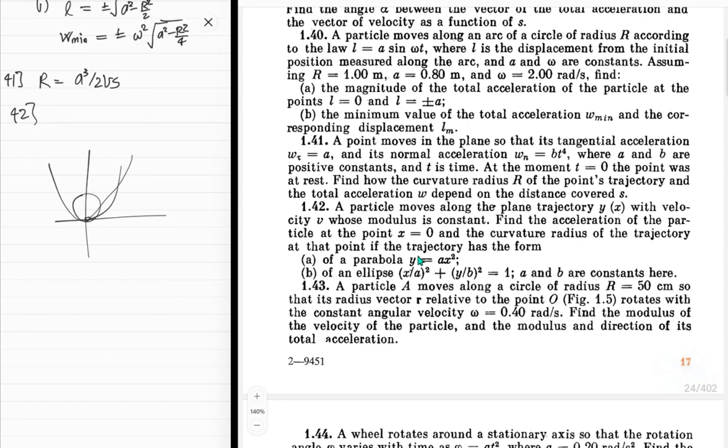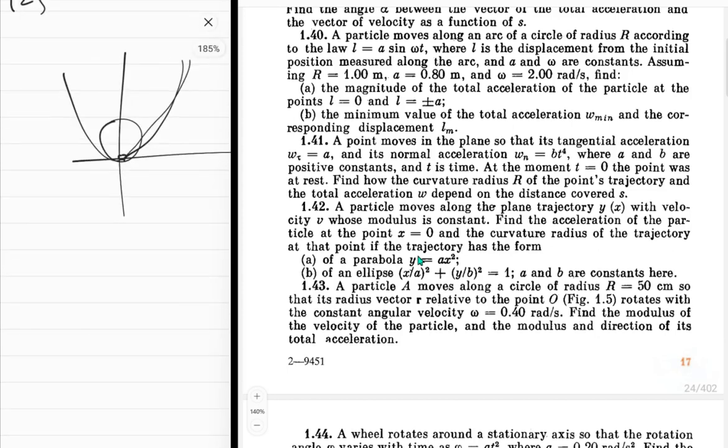Oh, this is awesome. Fine, so that's nice. So just have x squared plus (y minus r) whole squared is equal to r squared, something like that.